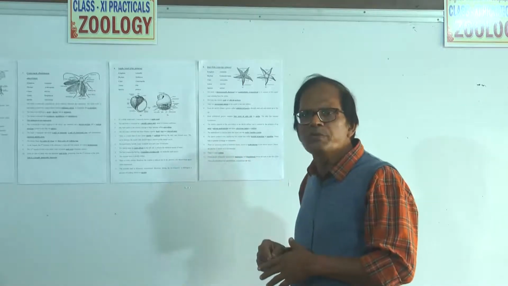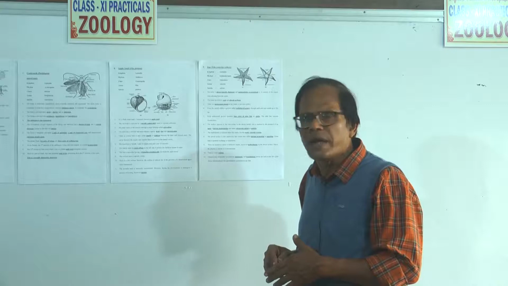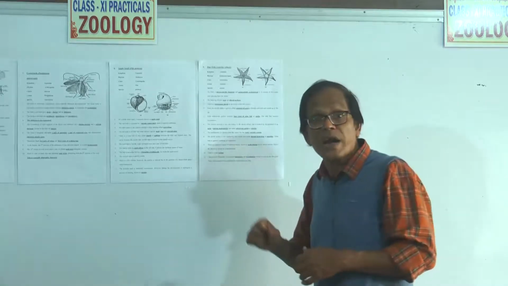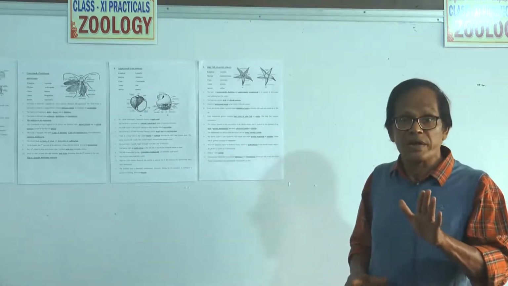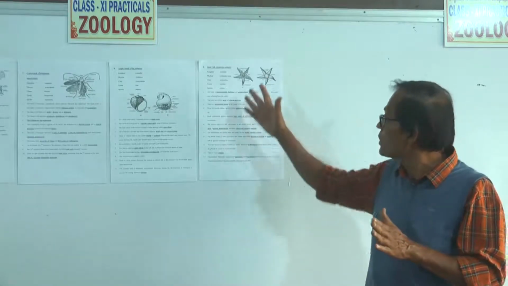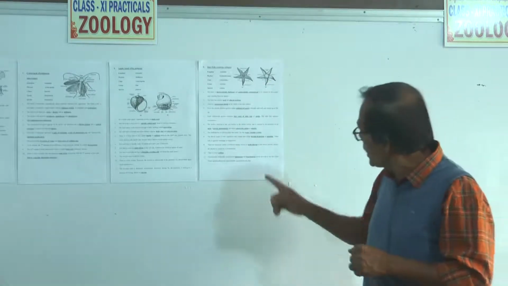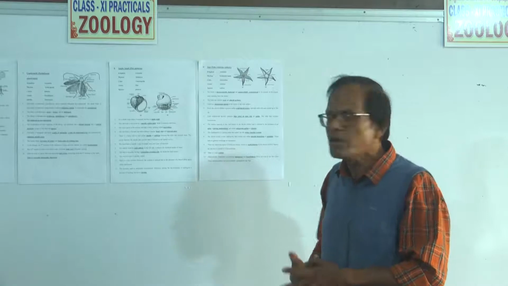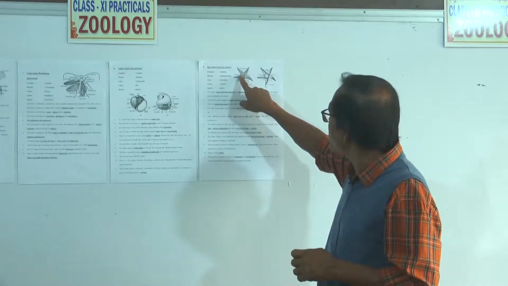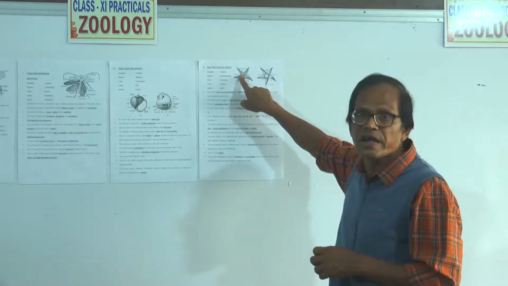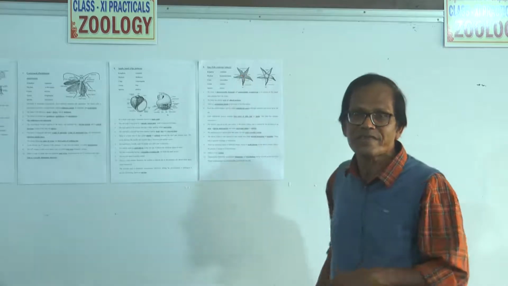The most peculiar feature associated with Bipinnaria is that it is bilaterally symmetrical. Remember, this is the most important part of the starfish study. It is bilaterally symmetrical, while it metamorphoses into a radially symmetrical starfish.